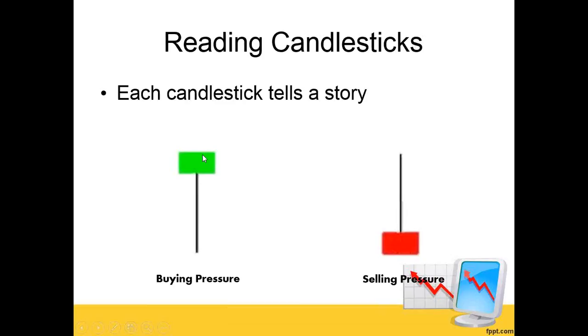So what happened there was that the buyers were able to overcome the sellers. Meaning, at that particular point in time, there were a lot of sellers, but a lot of buyers came in and then overpowered the sellers. That's why there's a big dip down, and then suddenly the price went back up. What happened there was that there's a lot of buying pressure if you see those types of candlesticks.